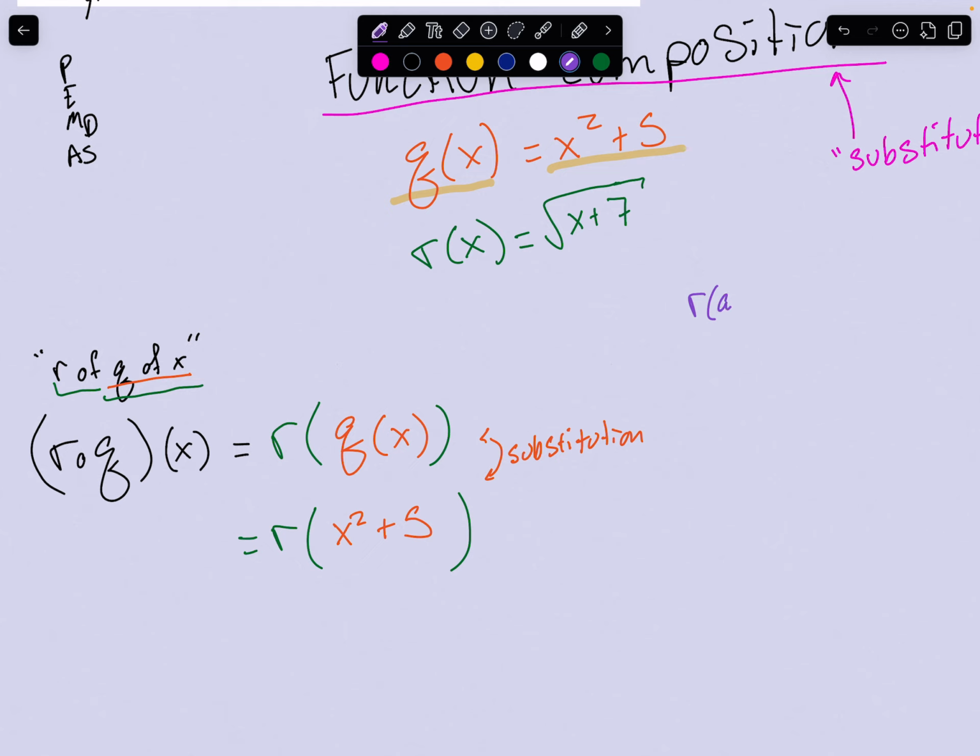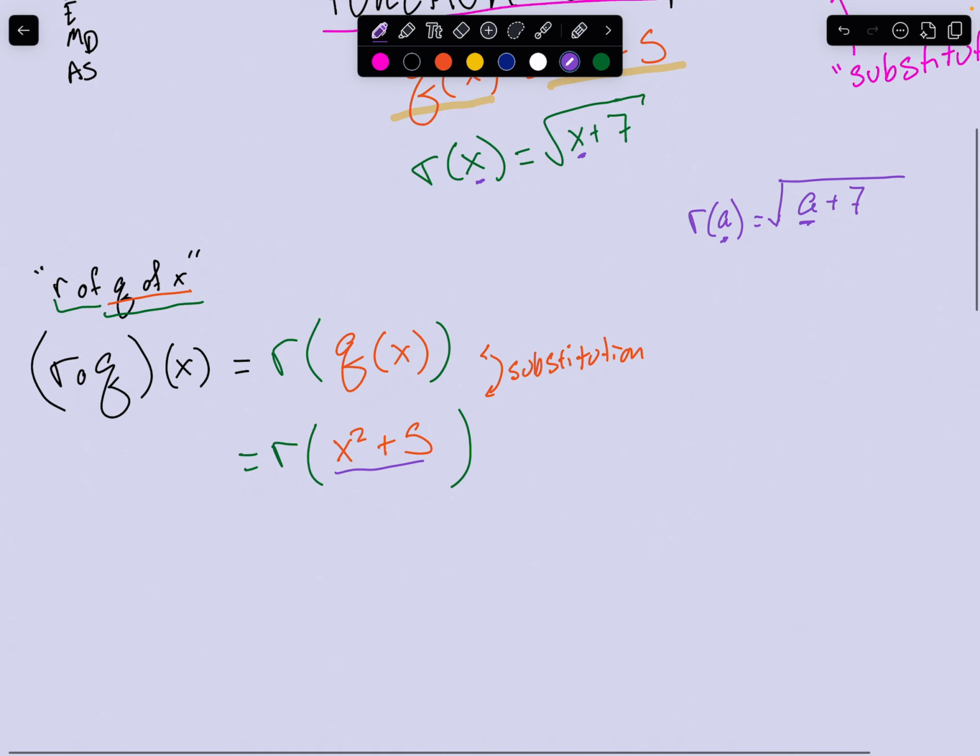Now I want to reiterate, r of x is what I have written there, but what if I had r of a? Isn't it just everywhere you have an x, you now replace it with that a? So this is the square root of a plus 7. Well, look, now a is that whole bit, x squared plus 5. So I'm going to take that and plug it in, replacing my variable in the equation r of x.